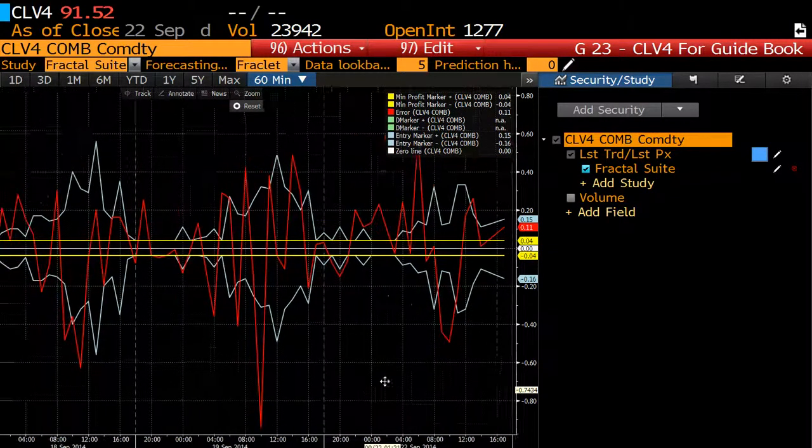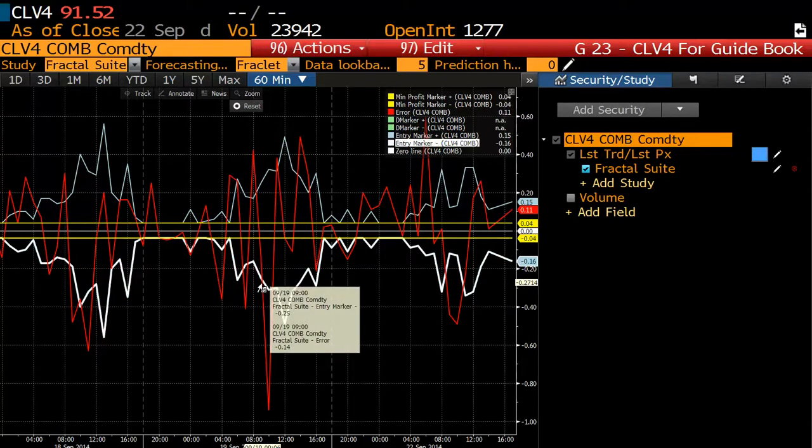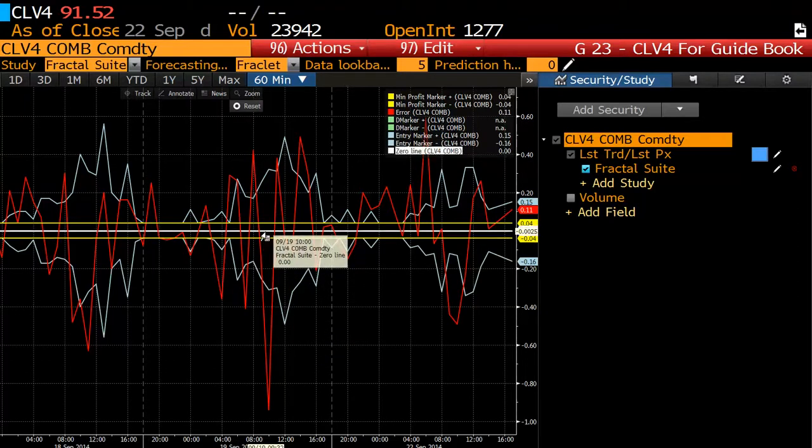You can see here, in some cases we're taking quite a bit of heat if we were to enter into the trade here and we were going long, say, with the intent of exiting the trade at this 0 point. So here is where there is some danger.